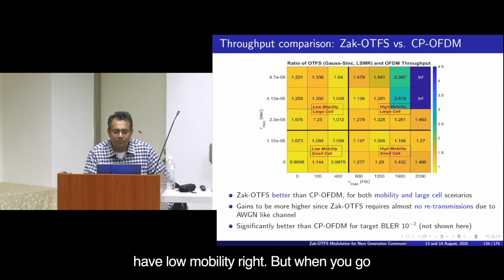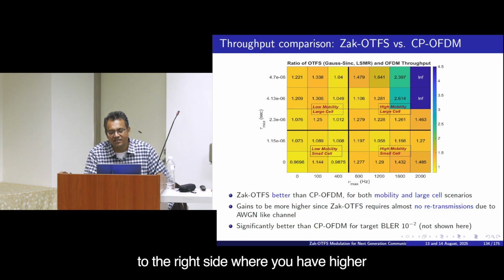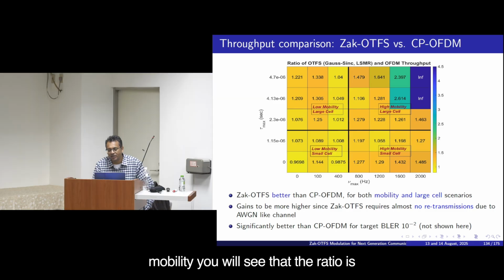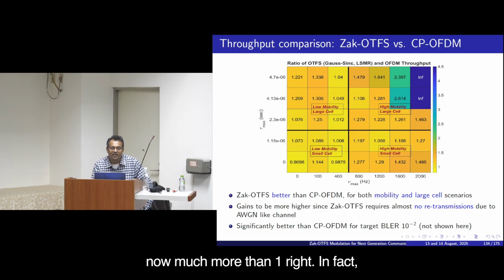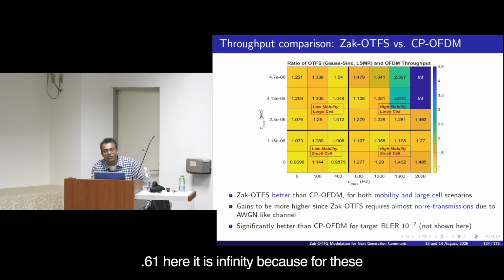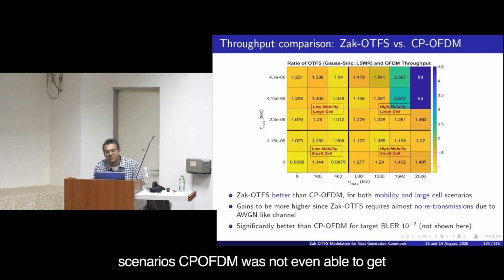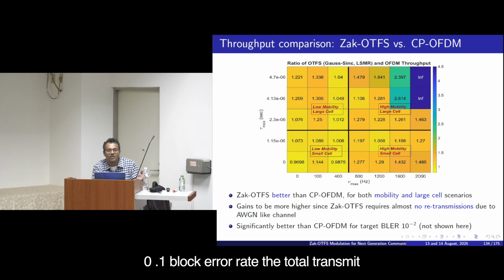But when you go to the right side where you have higher mobility, you will see that the ratio is now much more than 1. In fact, in this extreme upper corner the numbers are really huge. Look at 2.39 or 2.61. Here it is infinity because for these scenarios CP OFDM was not even able to get 0.1 block error rate.